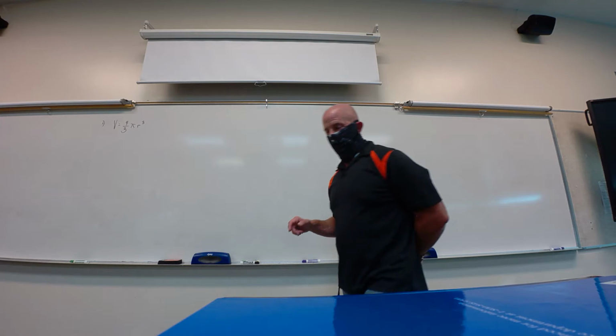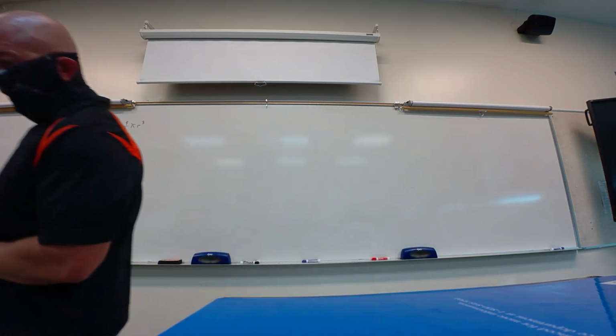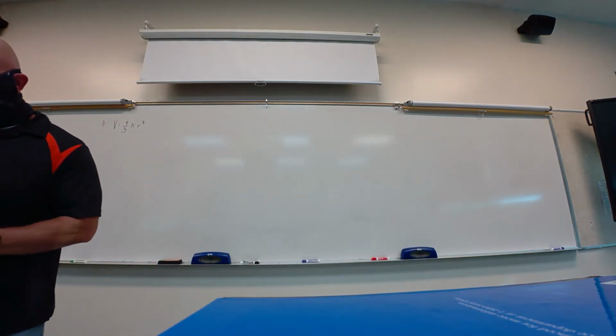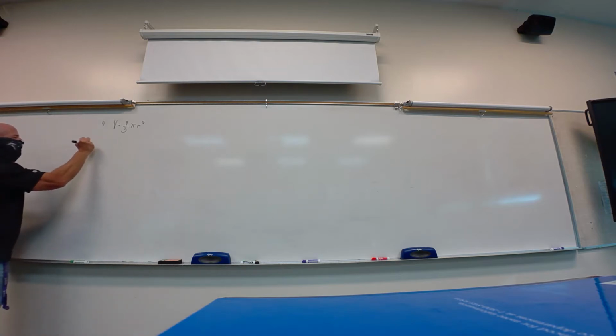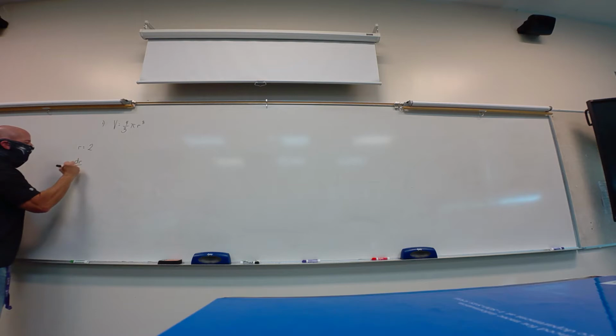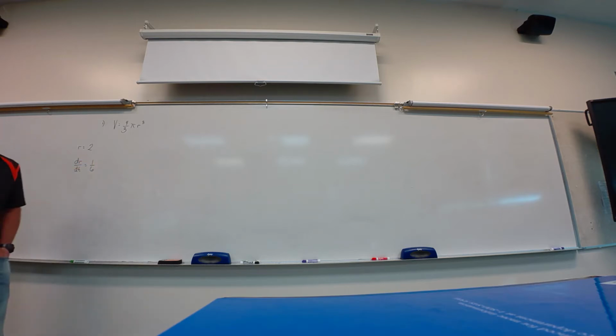because look at what they gave you. In the problem it says the radius is 2. So I'm just going to write out here to the side, radius is 2, and then it says dr dt is 1/6. It says the radius is increasing. Words like increasing, decreasing, those are referring to a rate.